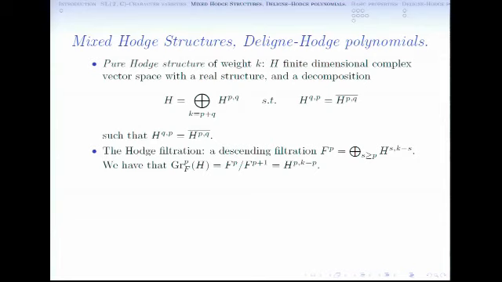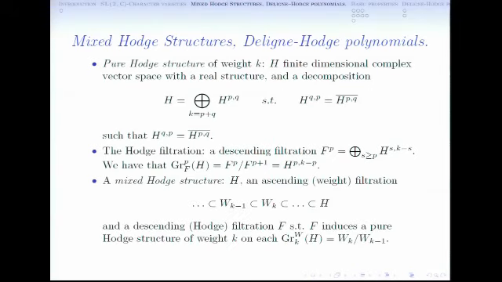The pure Hodge structure gives us a Hodge filtration, which is a descending filtration, where the graded pieces are the H^{p,k-p} pieces of the decomposition.